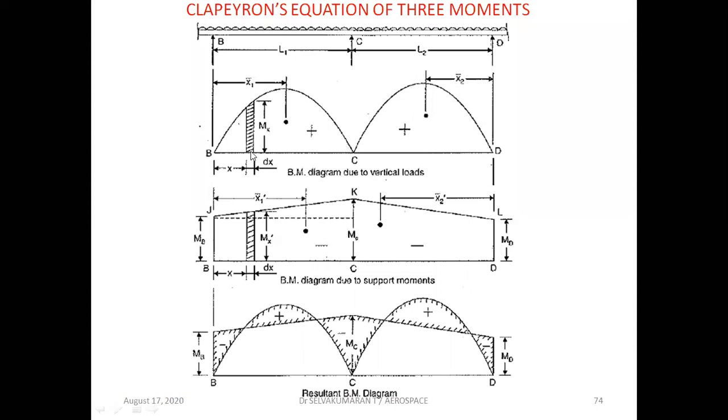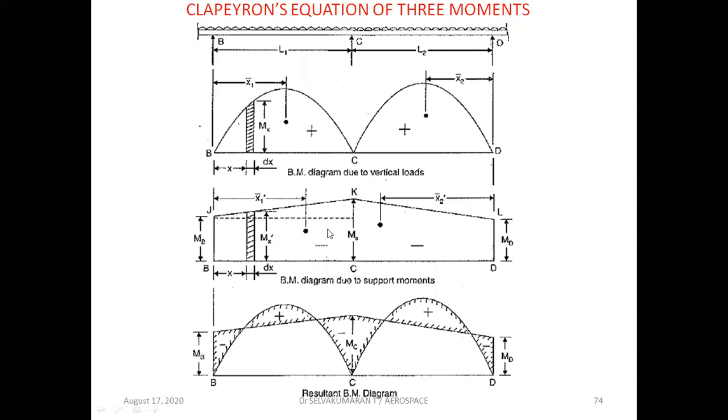We consider a small strip here of thickness dx. In that small segment, Mx is the bending moment we are considering at a distance x from the left end B. And x1 bar is the CG distance of this bending moment diagram on span BC from B. This x1 bar is the CG distance of the area of the bending moment diagram due to vertical loads on span BC, that is span 1.